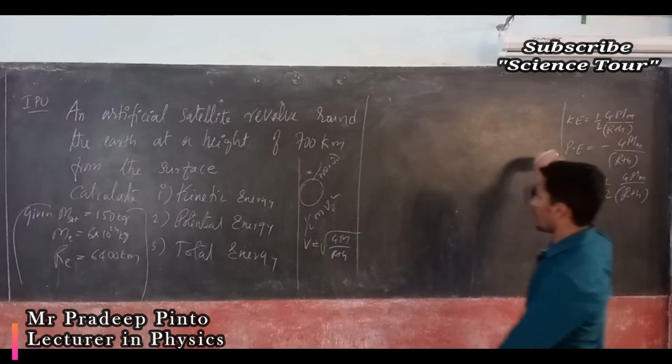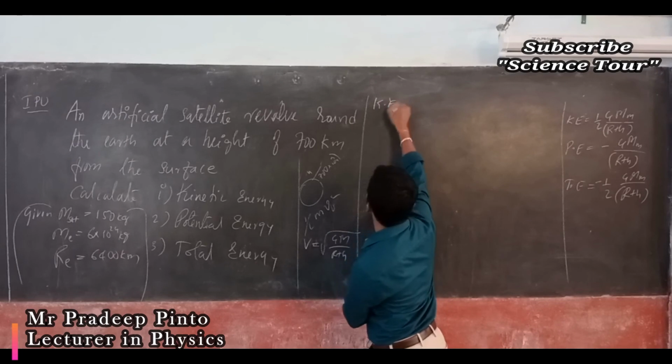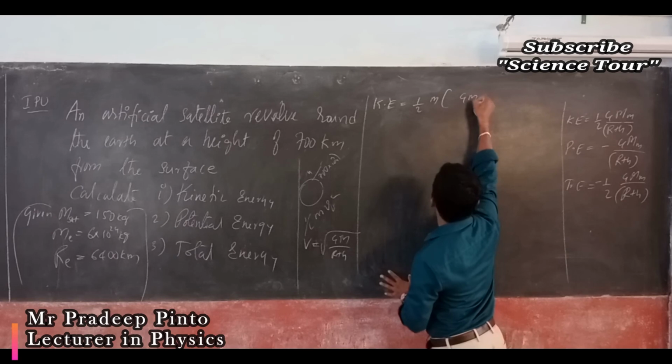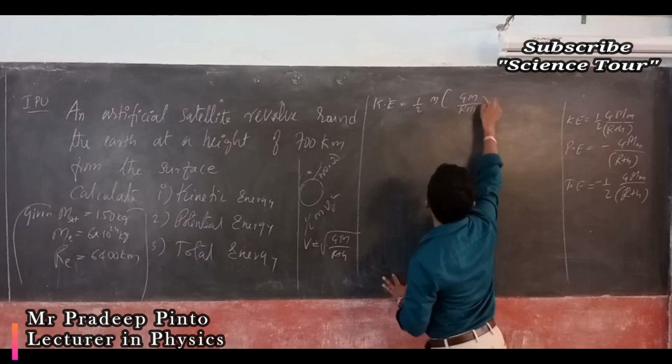So you can write kinetic energy, which is equal to half m into v square, means GM divided by r plus h.